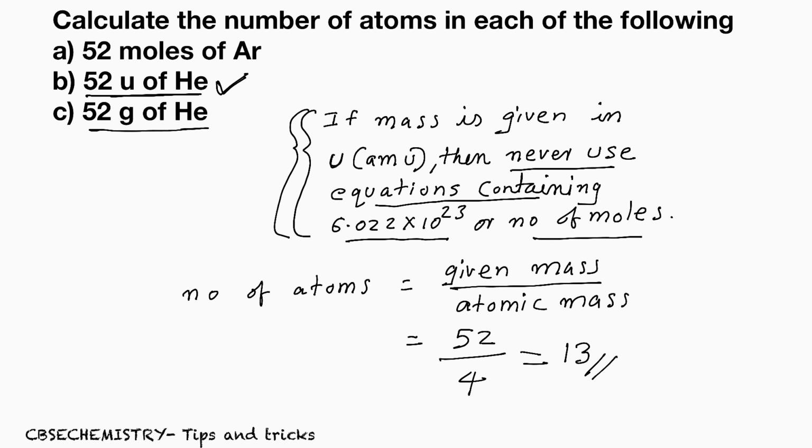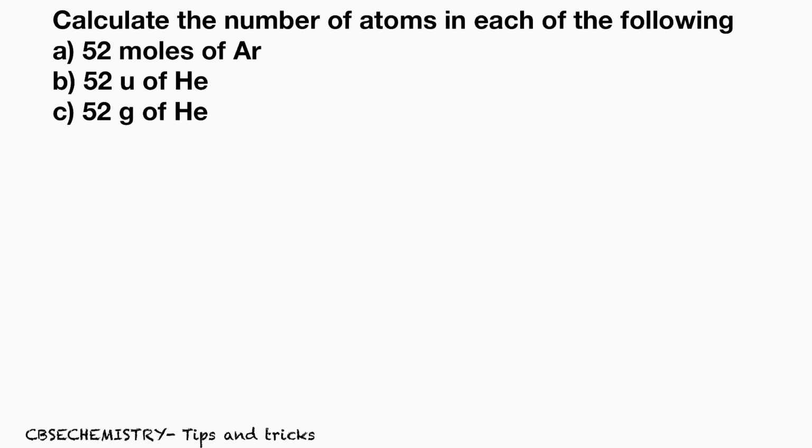52 gram of helium. See here, the question is connected with the gram. Then definitely it is connected with the mole. If the mass is in gram, it is connected with the moles, not like the second question. We know the equation: number of moles is equal to mass by molar mass, is equal to number of atoms by Avogadro number.